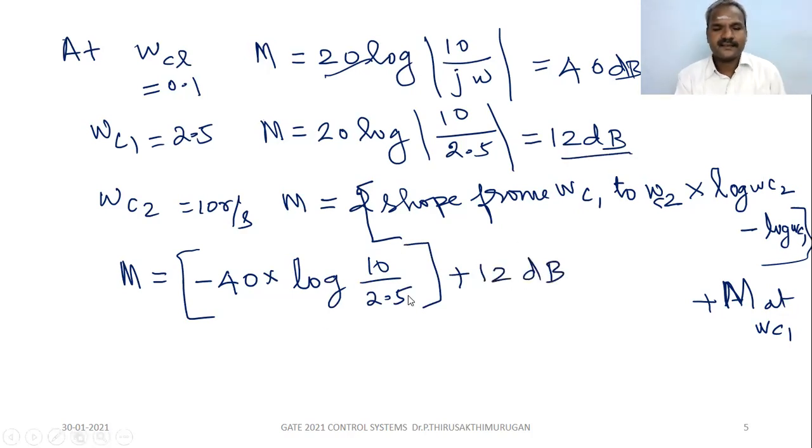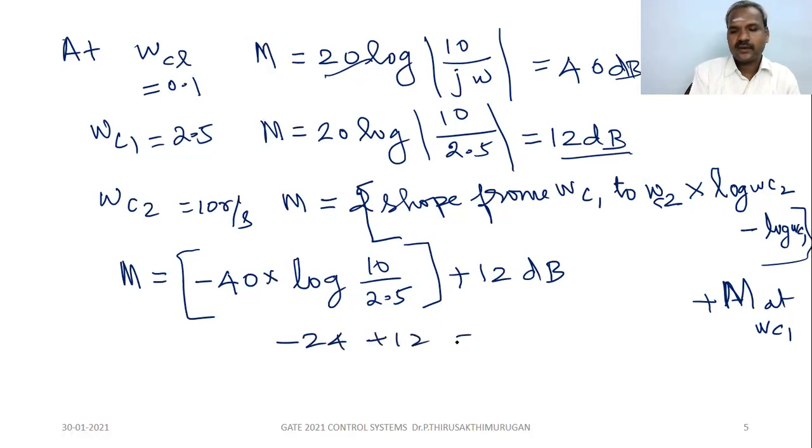Please calculate and tell me the answer, my dear students. 40 into log 10 by 2.5, log 4 into 40 is minus 24. Minus 24 plus 12 equal to minus 12 dB.